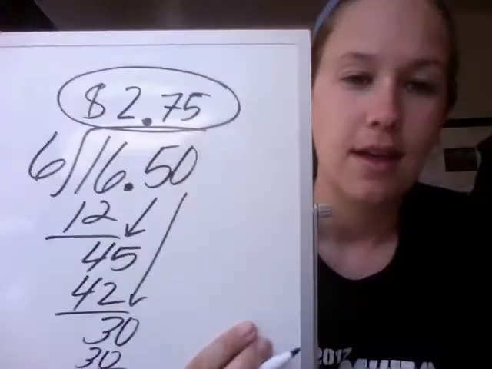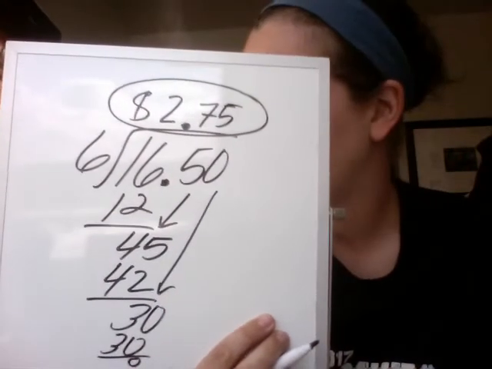Now look at 14b. $16.50 divided by 6. Pause me if you need to. Flip it over. $2.75.